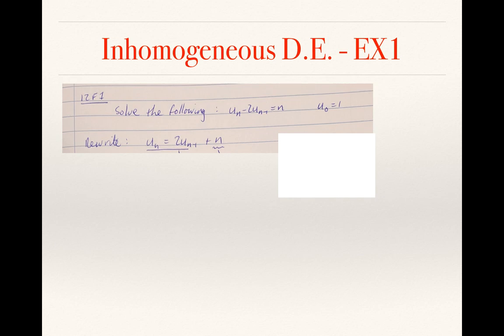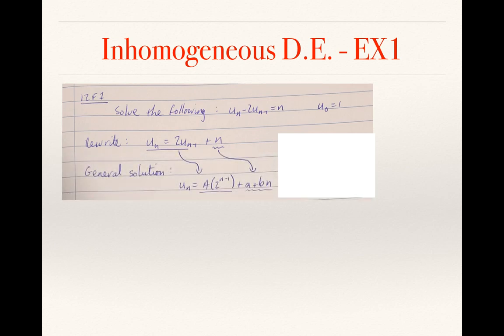It's u of n minus 2u of n minus 1 is equal to n, and we're given an initial condition of u of 0 equals 1. Now I've rewritten it to be u of n is equal to 2u of n minus 1 plus n. And the first thing you'll notice, there's a line under the first part and a squiggly line under the n. So the line is the homogeneous part, and the squiggle is the additional function.